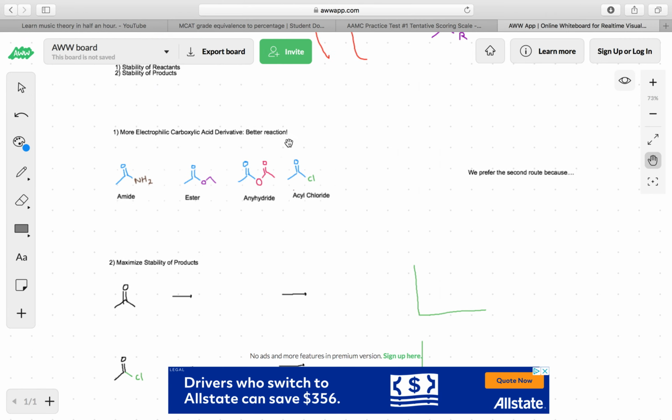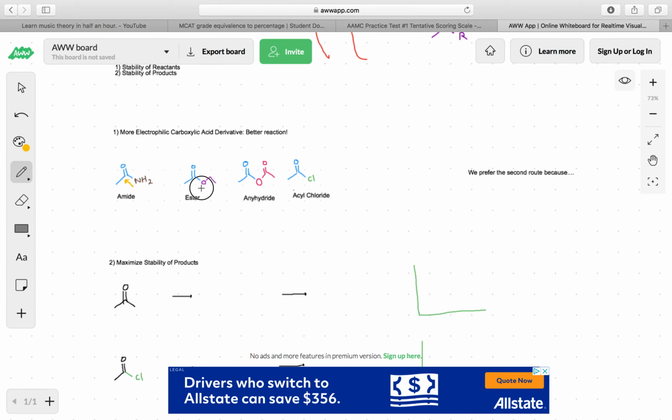So let's take a look at our four carboxylic acid derivatives. Let's use yellow. So with our NH2, we know that it donates some electron density through resonance.